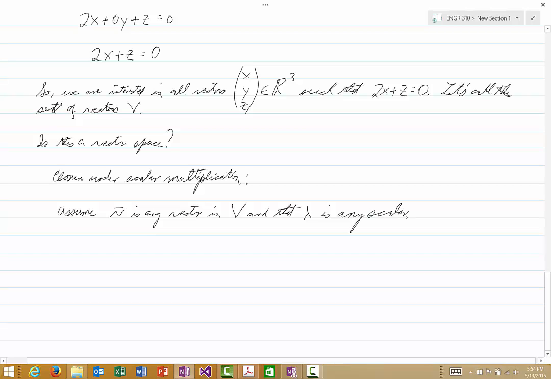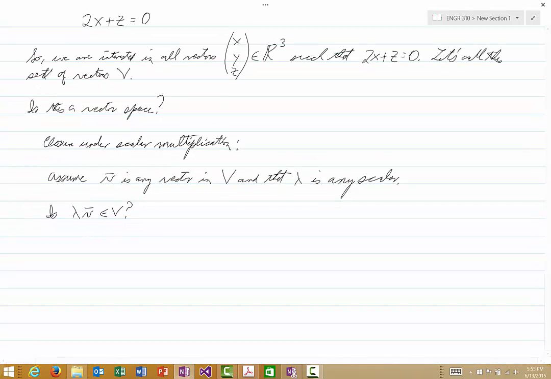And now, remember, if v is any vector in V and lambda is any scalar, then closure under multiplication means that for any such vector and any such lambda, V is closed under scalar multiplication only if lambda V is also in the set. So we ask, is lambda V in V? Okay? Well, let's see.